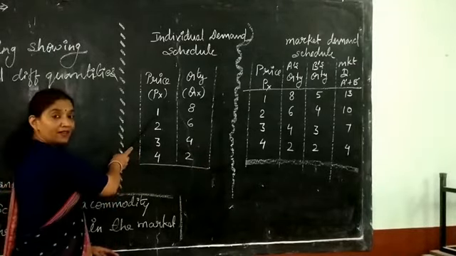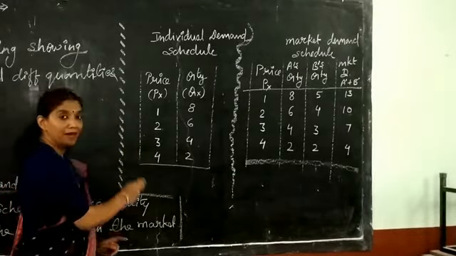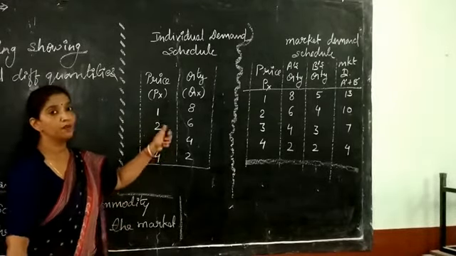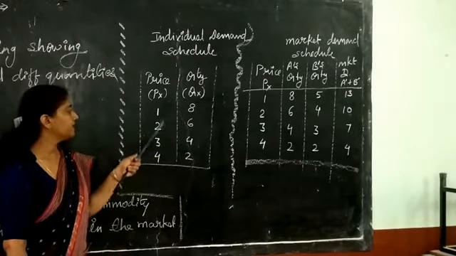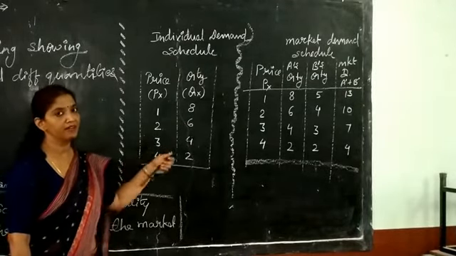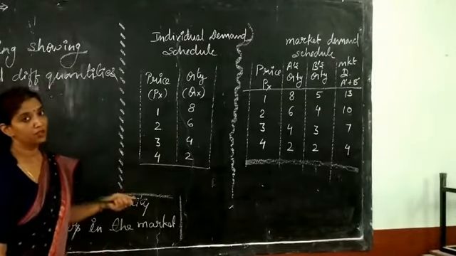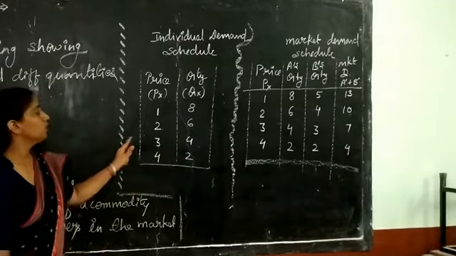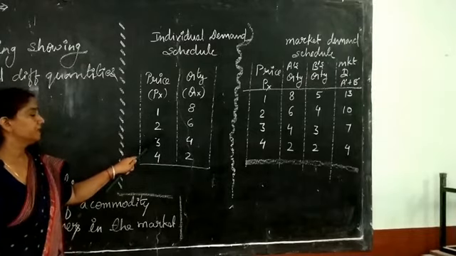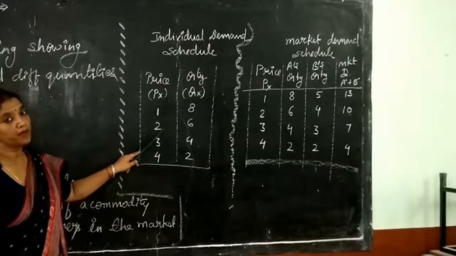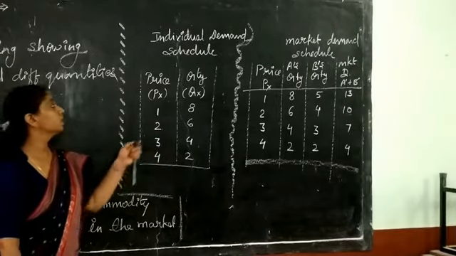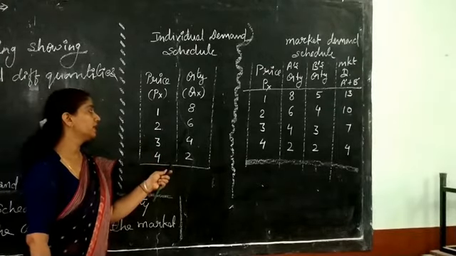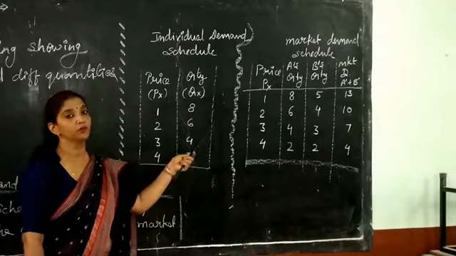At rupees 1 per unit, the buyer is ready to purchase 8 units. But as the price increases, the consumer will reduce his consumption because of limited income. So if the price increases to rupees 2 per unit, the quantity to be purchased is 6 units.